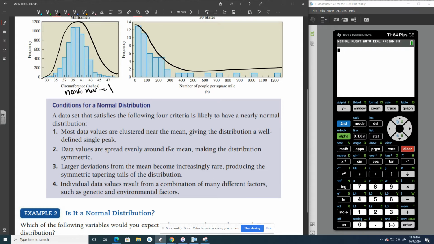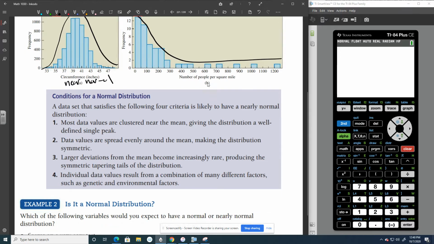And then number 4, the individual data values are usually a result of different factors, okay, such as genetic and environmental. So things like height, like weight, cars being produced, there's all these different factors that go into it that give it this normal distribution, okay?